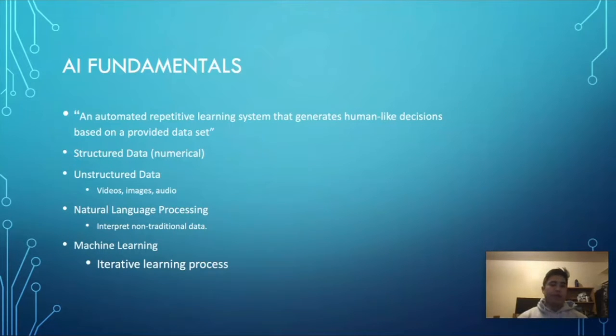Now, to interpret this data, a subsection of AI is natural language processing, which interprets unstructured, non-traditional types of data. Another part of AI is machine learning, which is an iterative learning process where an AI system can use certain types of algorithms in a repetitive manner that learn from themselves. So it does all the work for you in a sense.